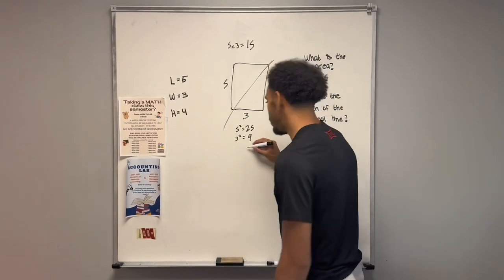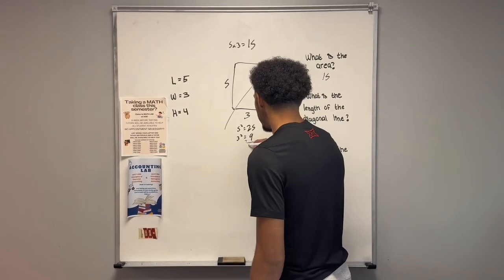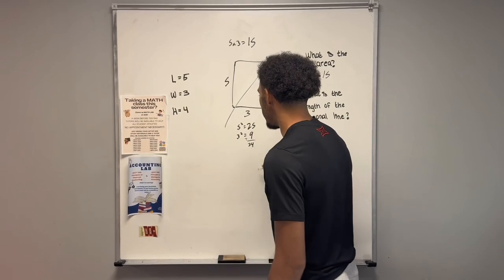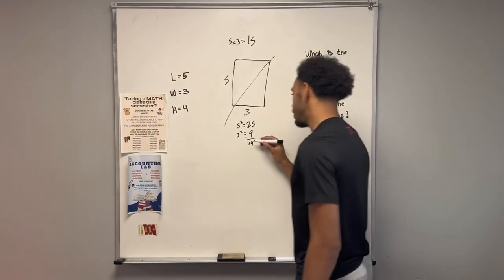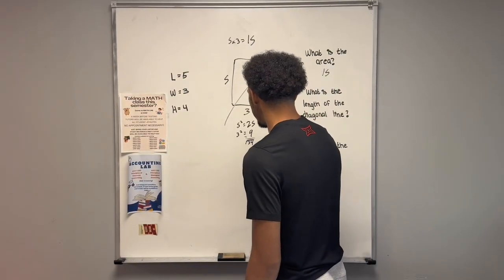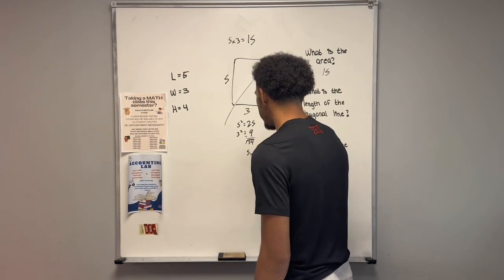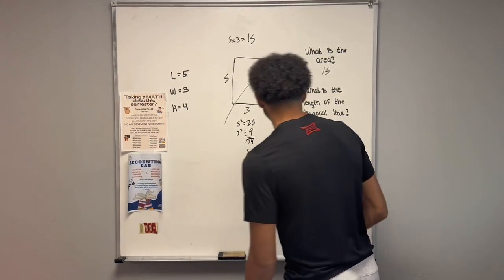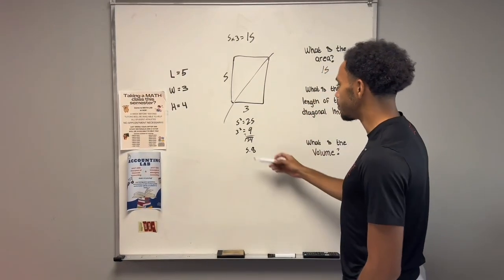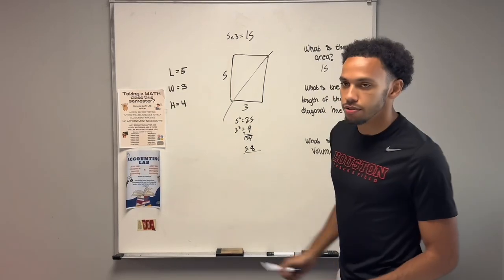And then we have 25 plus 9, which equals 34. But remember, this is c squared, so we have to find the square root of 34, which would equal 5.8. So the length of the diagonal line would be 5.8 inches.